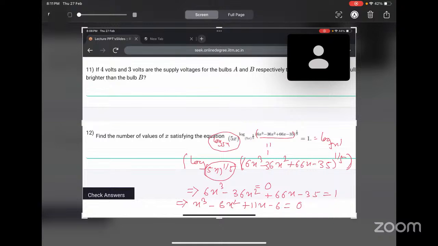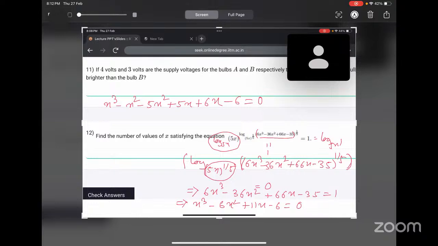Okay. So we can express this as x cube minus x square minus 5x square plus 5x plus 6x minus 6, right? Equals 0. This equation we can express in this form.